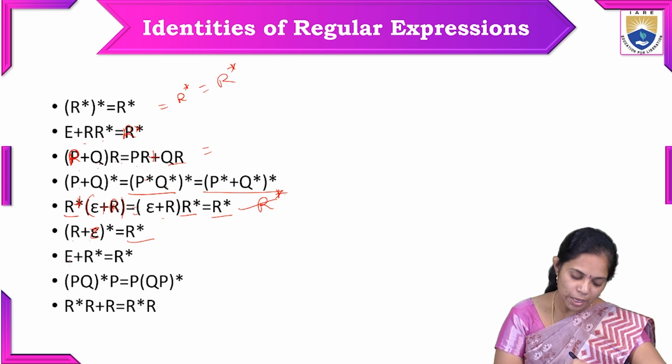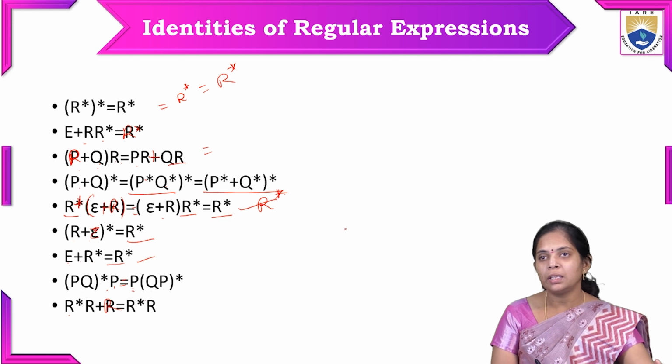And here also empty symbol plus R star is equal to R star. So P Q star whole star is equal to P of Q, so starting and ending are both equal. And R star plus R star R is equal to R star R.